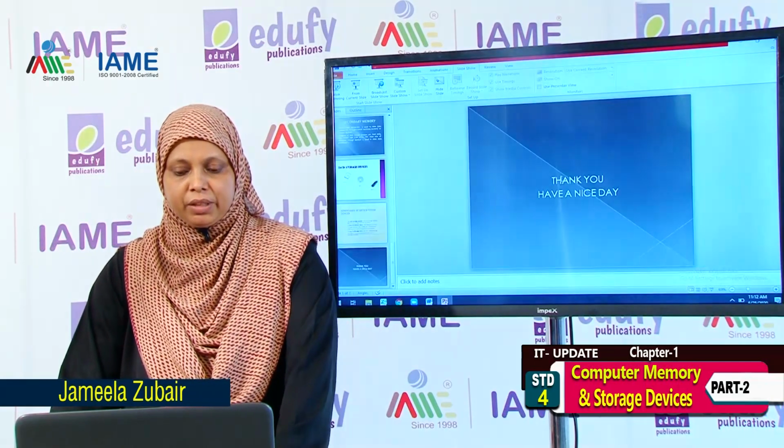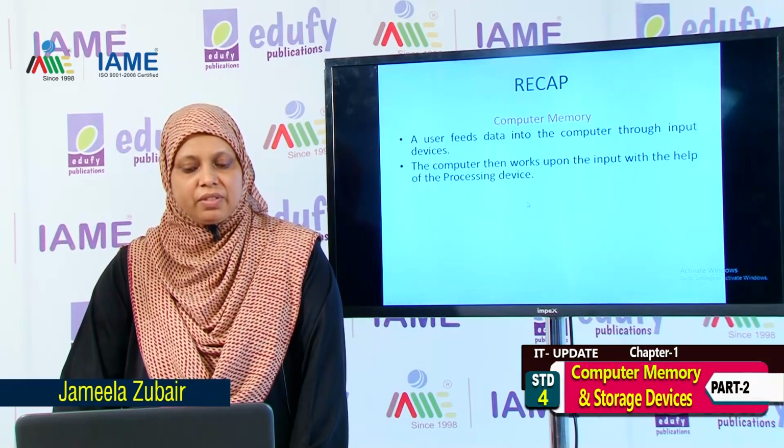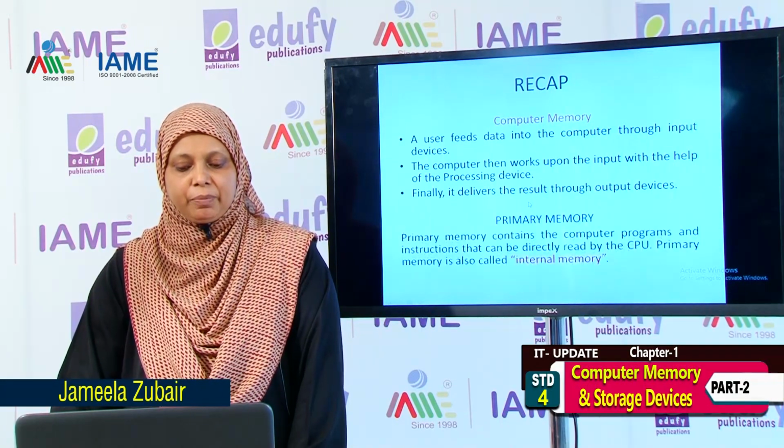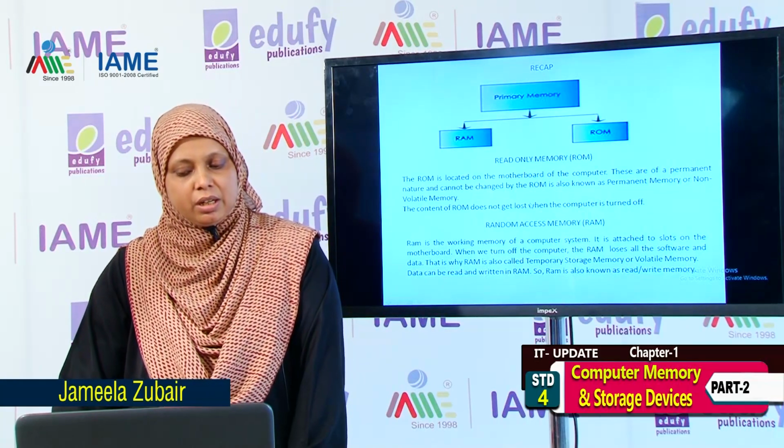So, what did we study today? We did a quick recap of last class, and then what did we study? Computer memory. We studied primary memory, and primary memory is divided into two, read only memory and random access memory.